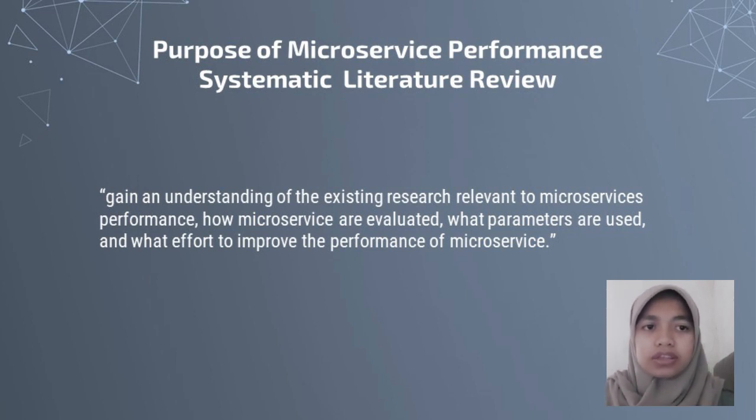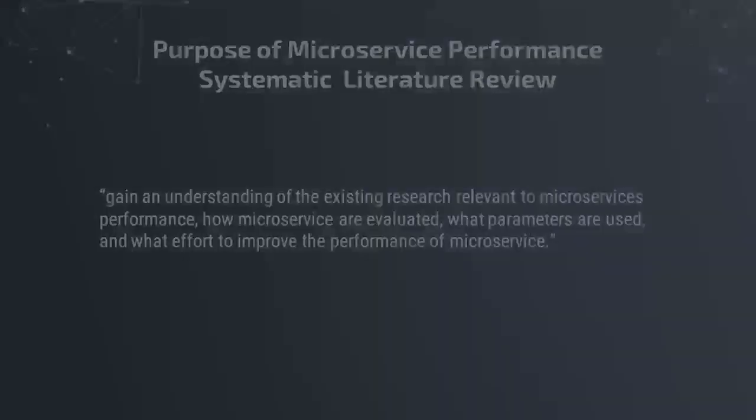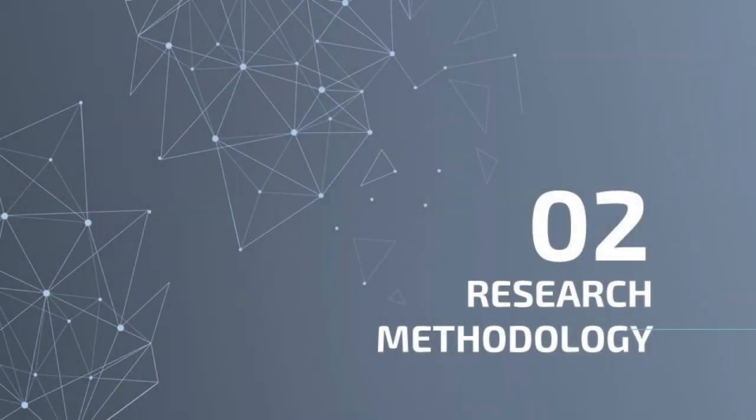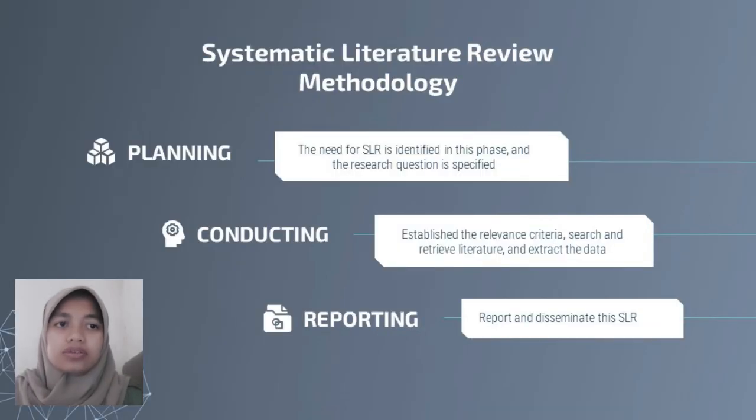Now, we are moving to research methodology. There are 3 phases in this systematic literature review. The first is planning. The need for systematic literature review is identified and the research question is specified in this phase.